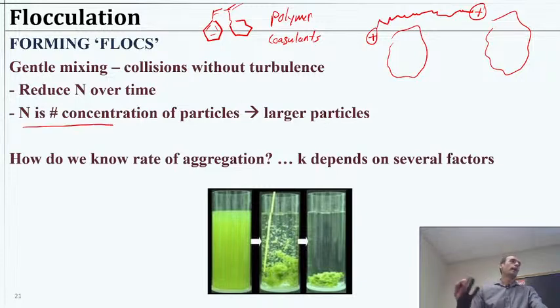If we reduce that, inherently, we're not changing the size of these individual particles, then we must be making larger particles. Okay, so that's the logic here. We don't actually care how many particles are there, really. What we want is for them to be larger, so that sedimentation can then remove them.